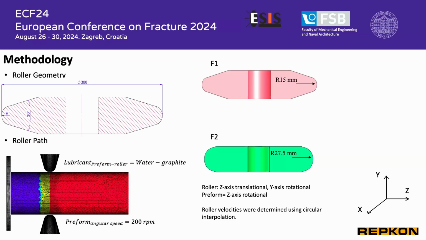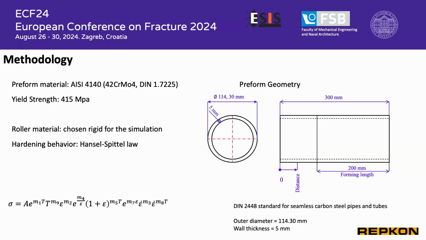They're moving in that way, and they're just rotating freely. The preform has only 1 degree of freedom, which is moving along the z-axis. So you can see the coordinate system here. What else can I say about the methodology of rollers? Nothing. So let's go with the preform.